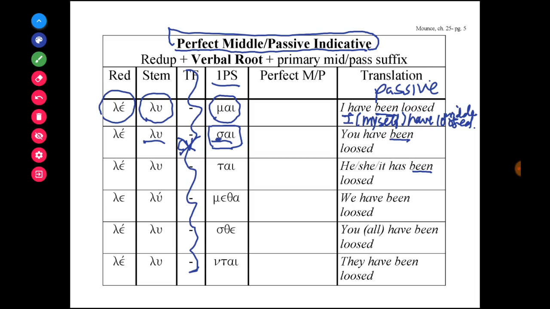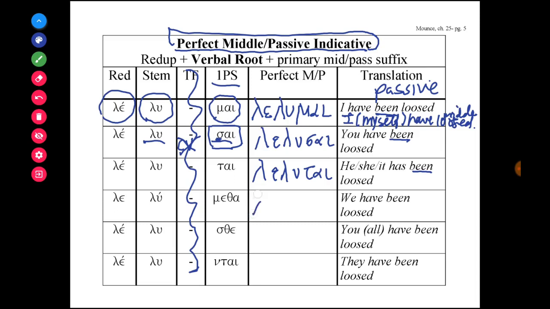So if I want to say I have been loosed or I myself have loosed, the form would be the reduplication, le, plus lu, the stem, plus the primary middle passive suffix, mai. So lelumai is I have been loosed. If I want to say you, singular, have been loosed, it is lelusai. He, she, it has been loosed, lelutai.